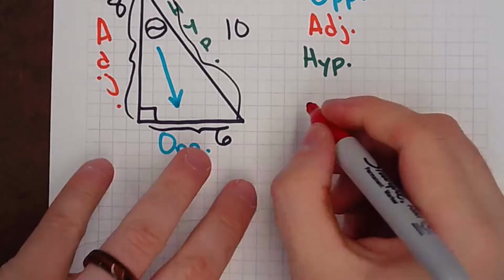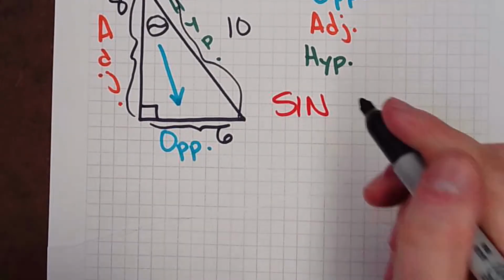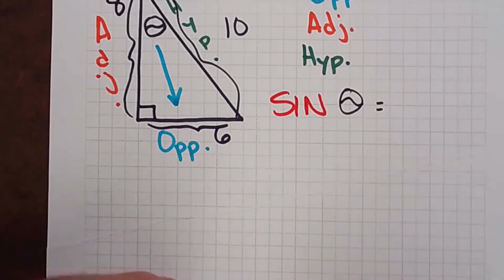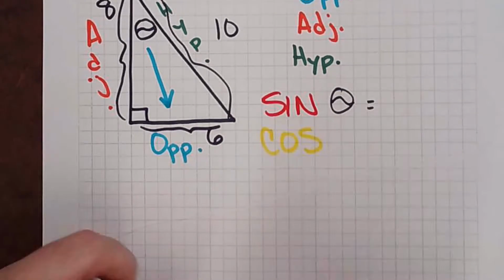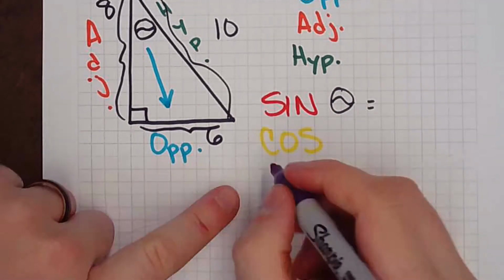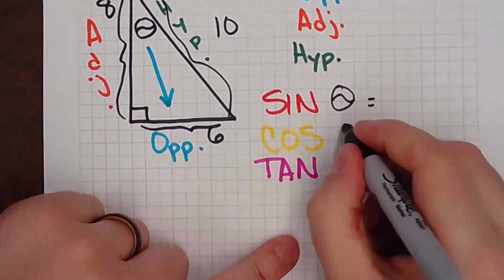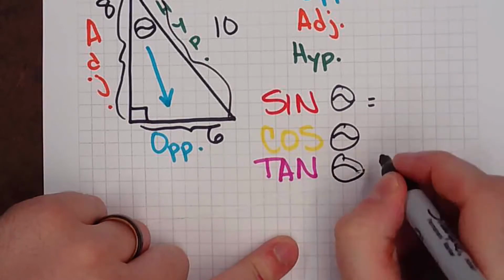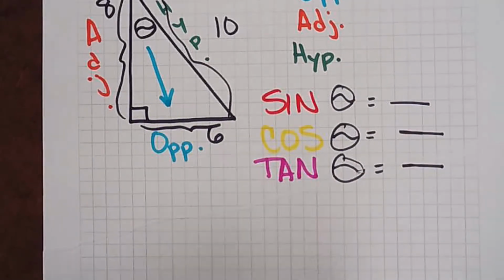I want you to write the sine of theta. I want you to write the cosine of theta. And I want you to write the tangent of theta. So given those numbers, what will they be? Remember SOHCAHTOA? I'm probably going to run out of room to write those fractions.